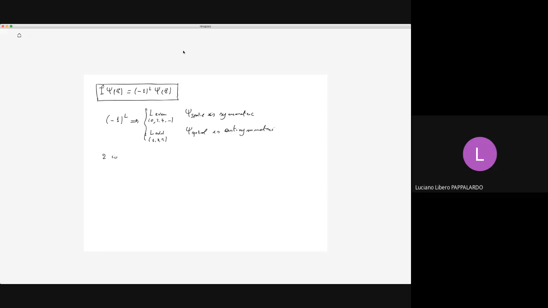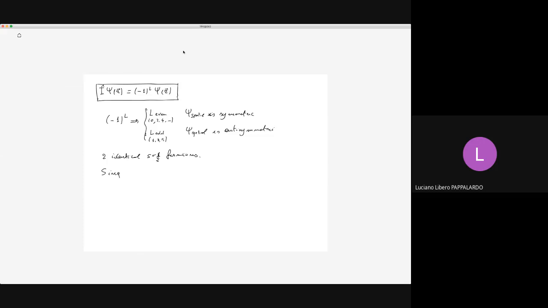So, two identical spin 1/2 fermions. The spin of two fermions can be parallel or antiparallel and can be combined in 4 different ways to form a singlet and a triplet state. These I think you know already from standard quantum mechanics.